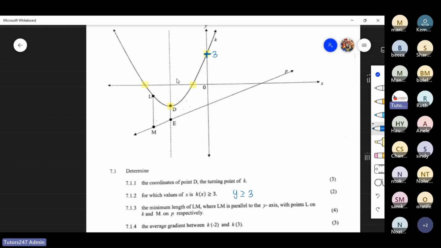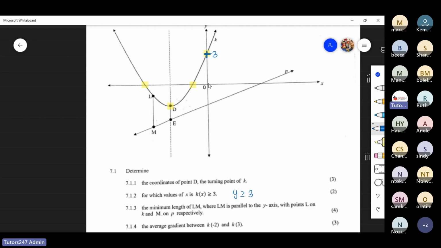Now, from what value of x is y 3? As you can see, 3 is a y-intercept, not an x-intercept, and a y-intercept has an x value of 0.